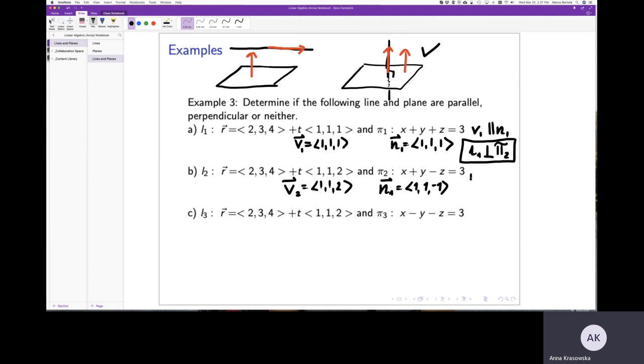What about the dot product of V2 and N2? Can you quickly check that it is 0? Yeah. So this is the first case. The normal vector and the direction vector of the line are perpendicular, therefore line 2 and plane 2 are parallel.